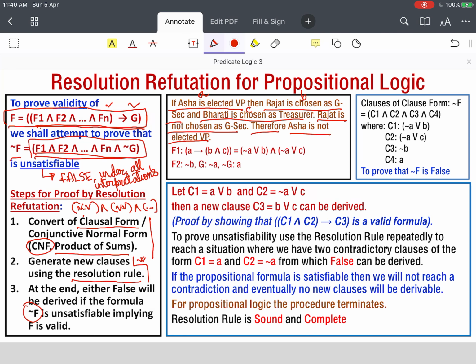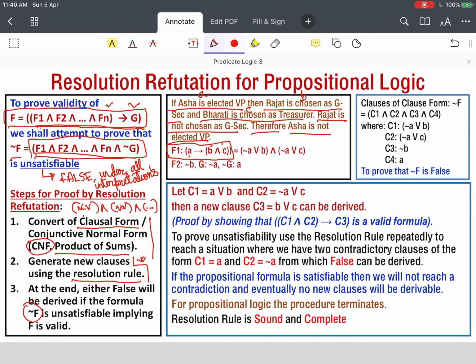So our first statement is, if Asha is elected VP, then Rajat is chosen GSEC and Bharati is chosen treasurer. So this is our first formula. If Asha is elected VP, then this and this. What is B? Rajat is chosen GSEC and C, Bharati is chosen as treasurer.